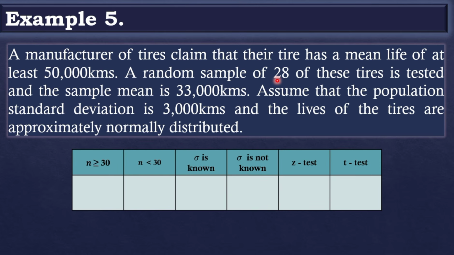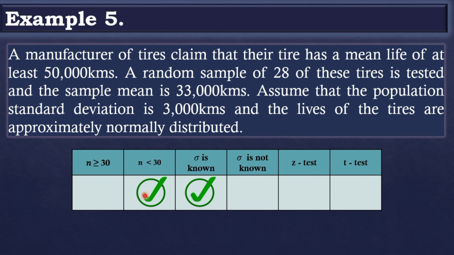Okay, so, ibig sabihin less than 30. So, yung n natin is less than 30. And then, the population standard deviation. So, since this is the population mean, 50,000 kilometers. So, dito naman, tested. So, ito yung sample mean natin. Ito yung population mean. Assume that the population standard deviation is 3,000 kilometers. So, ibig sabihin, yung population standard deviation natin dito ay given. So, is known.